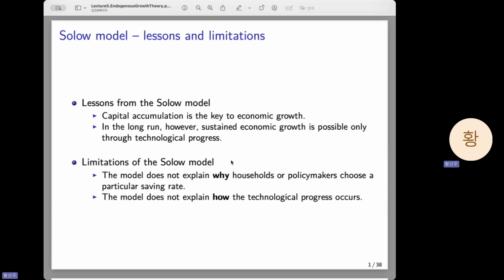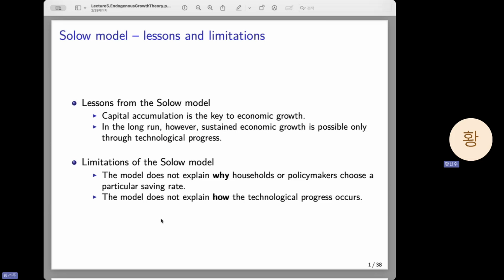Okay, let's look at the limitations of the Solow model. The first, it does not tell us why people save what they save. The saving rate s is just assumed to be given, meaning that it is an exogenous variable. So it does not come from a household optimization problem. This is just an assumption.